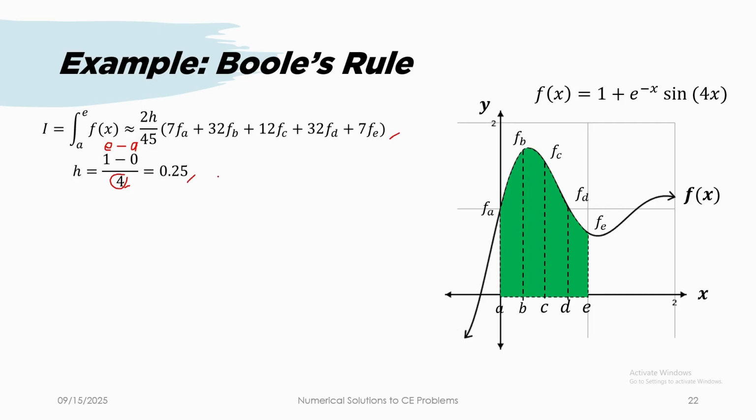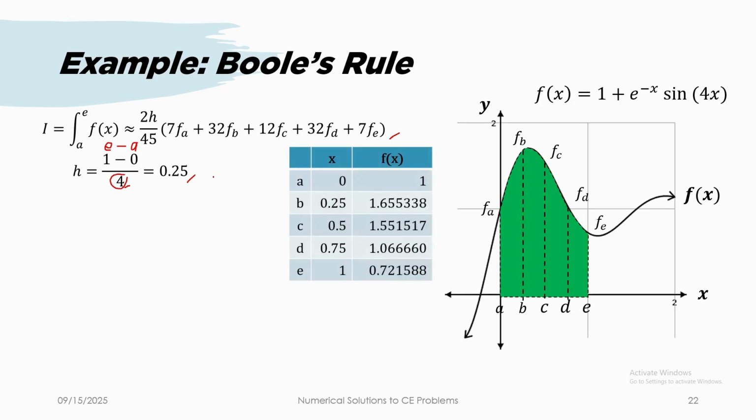From a, we have 0. A plus h, that's b, that's 0.25. A plus 2h is c, that's 0.5. A plus 3h is 0.75, and a plus 4h, that's 1.